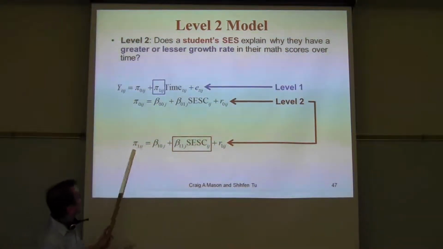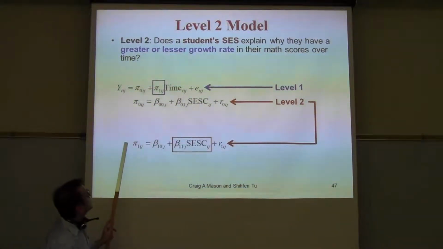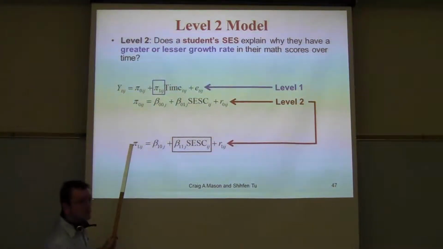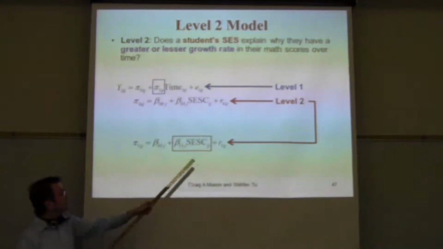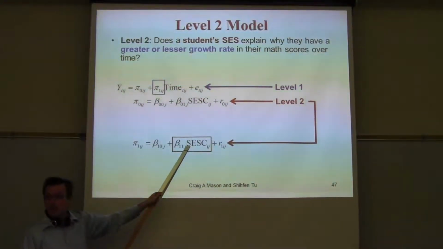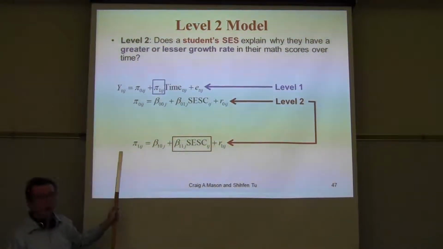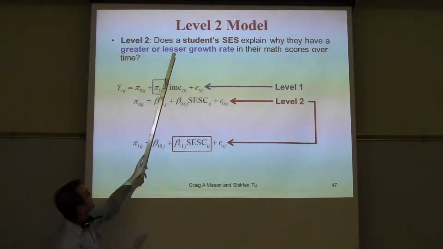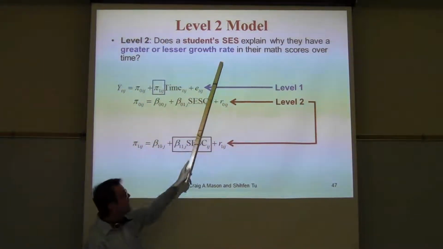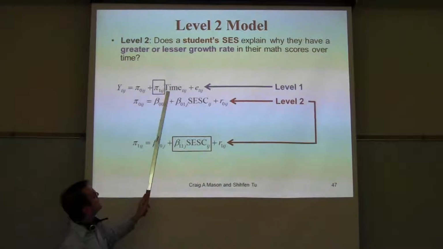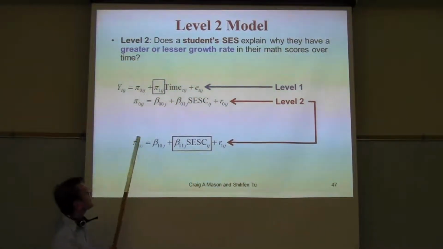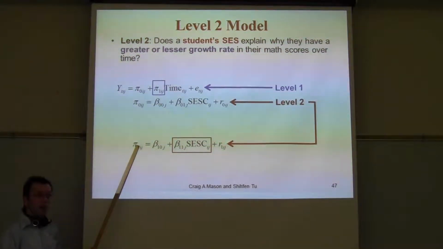And again, we'll see pi 1 ij, but think about that as their growth rate. That growth rate for a student. So here we're asking, does SES influence the student's growth rate? I've actually kind of tried to color code a little bit. Pi 1 ij is their growth rate. SES, that's level 1. And it's asking, does the student's SES influence their growth rate, their pi 1 ij?